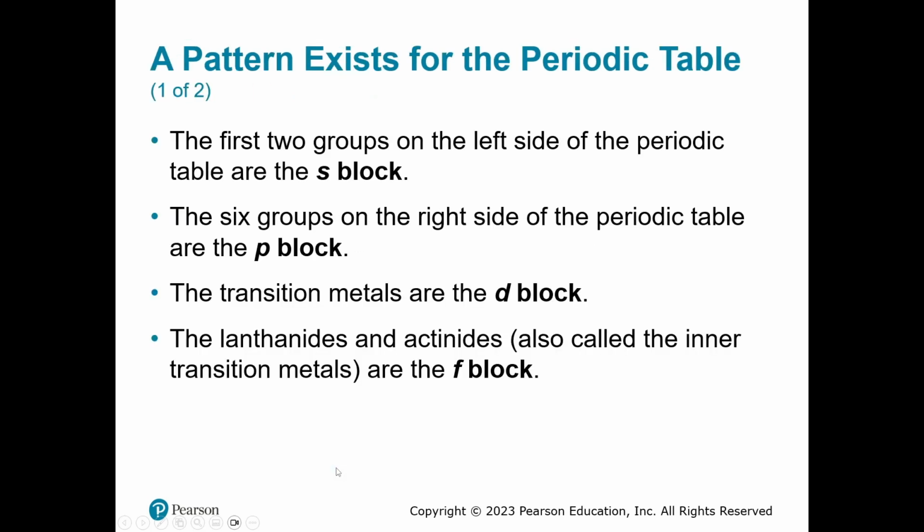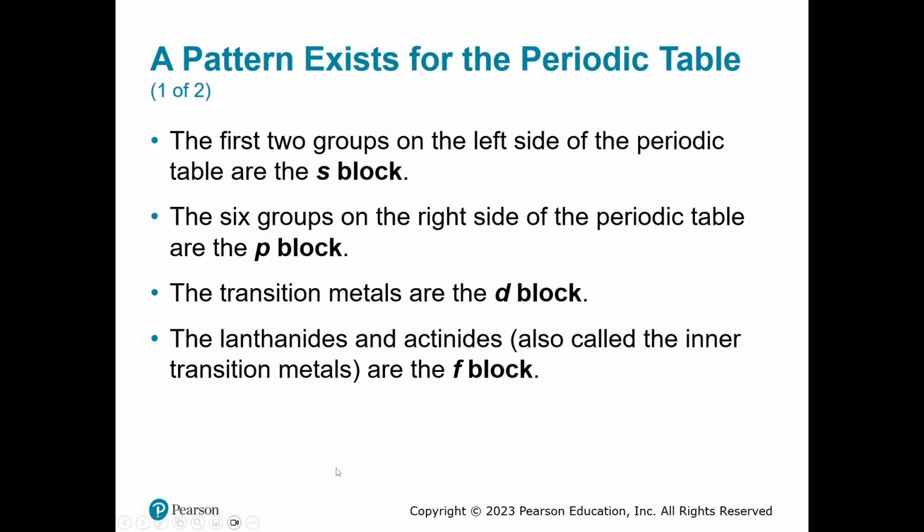So, we mentioned how there's a lot of periodic trends in the periodic table, and because certain orbitals are going to have more or fewer electrons, they're going to be nearer to noble gases in different ways.